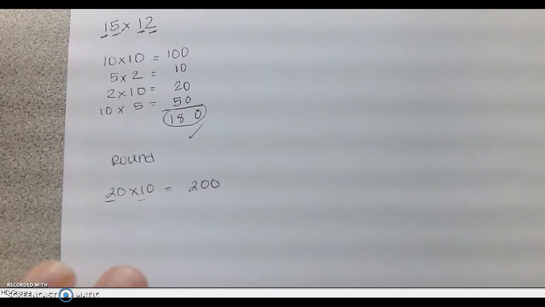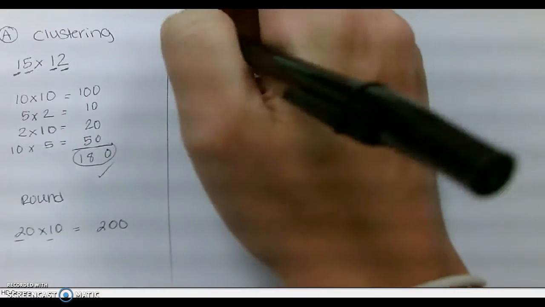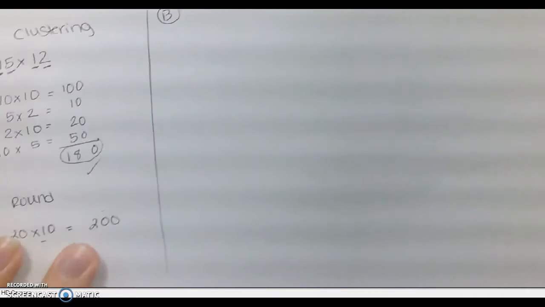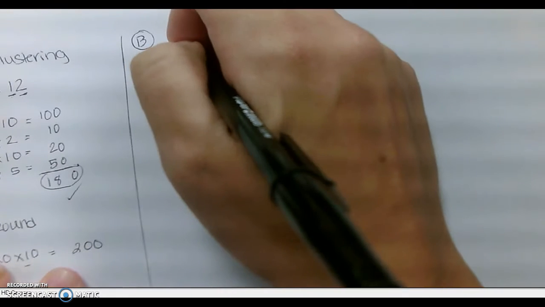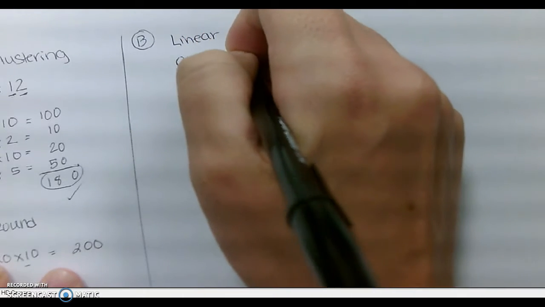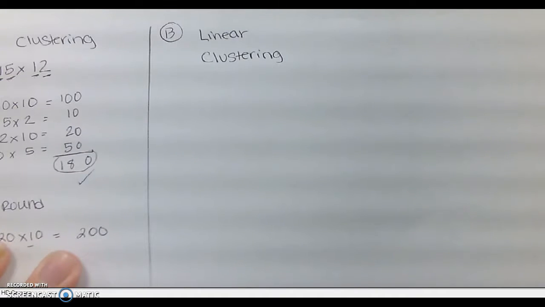Now I'm going to show you the next method that they showed us. This one is more of an organized clustering method, and I call it linear clustering, but it has different names, but that's how I do it in my brain.